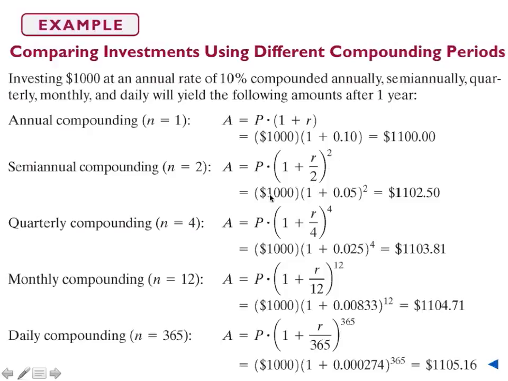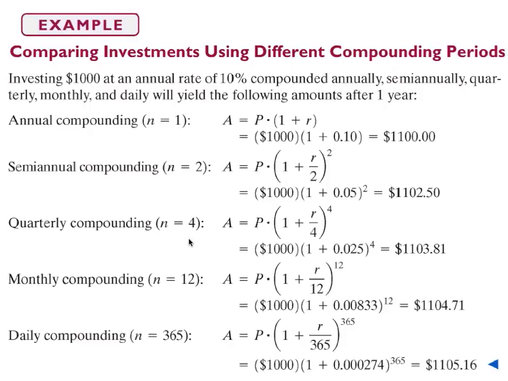So if we do this very carefully, we have 1,000 times the quantity 1 plus 0.05 squared, since 0.1 divided by 2 gives you 0.05. In your calculator, you can either plug it in all at once with parentheses, or you can do it step by step. You would do the 1 plus 0.05, hit enter, square that number, and then multiply by 1,000, and you should get $1,102.50.